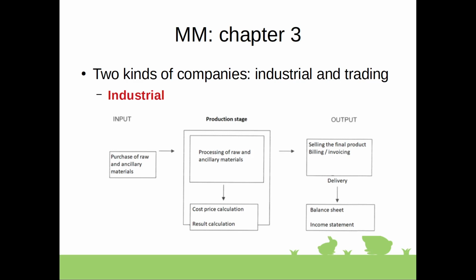This is really something that stays within the company itself. You don't need to know these schematics over here. Just know that the industrial companies will do way more than just buy and sell. They will actually go through a production phase, and they will have to calculate the cost price. And we will see in this chapter why that's so important.